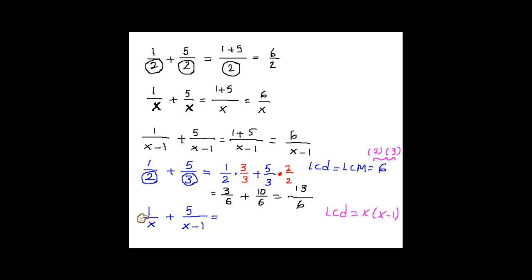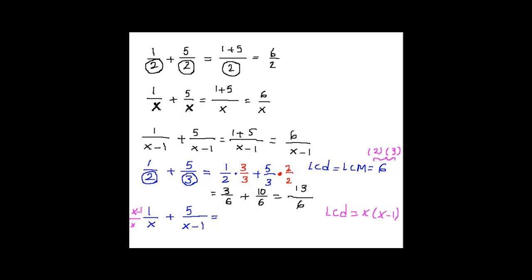Chanel says multiply by x minus 1. Shanique says multiply by x minus 1 over x minus 1. Exactly. You have to multiply by a factor of 1. So don't forget, you have to multiply it by x minus 1 over x minus 1.